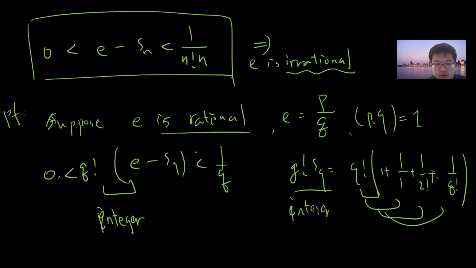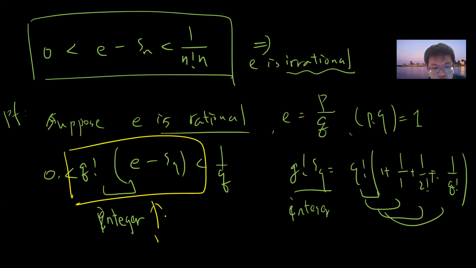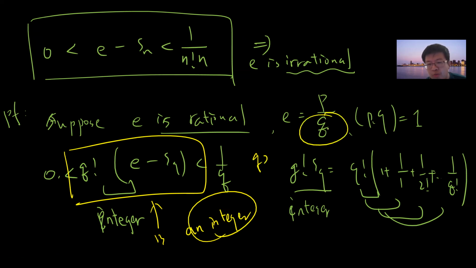So that means this guy is an integer. But the problem is there's no integer greater than 0 and less than 1 over q, if you pick q large enough, or any positive integer q, right?